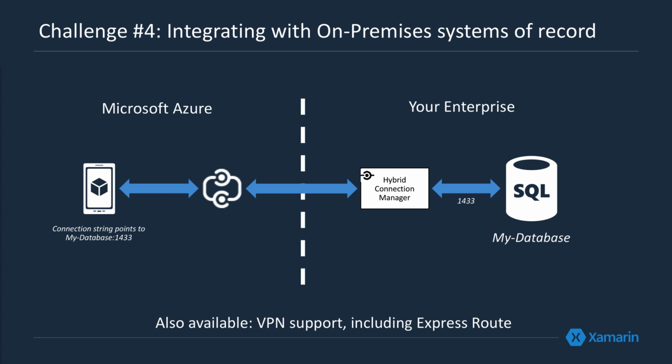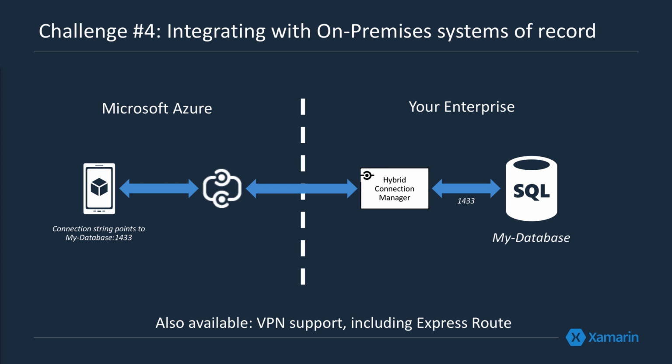We mentioned there's the VPN way using ExpressRoute or the Azure VPN, but oftentimes that requires additional configuration steps and working with your IT team to make sure that it's safe to poke a hole through the firewall and create a VPN connection. A much more lightweight way to do that is with the Hybrid Connection Manager and Hybrid Connections that are available through Azure.